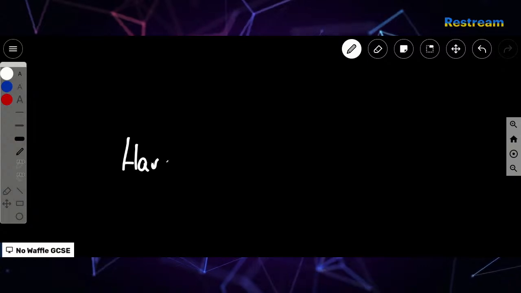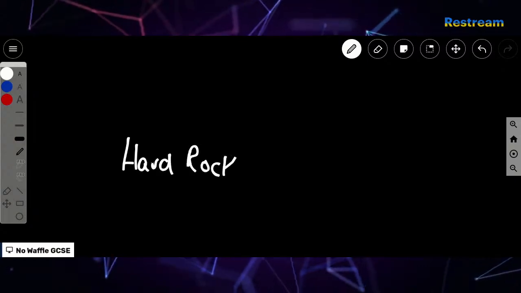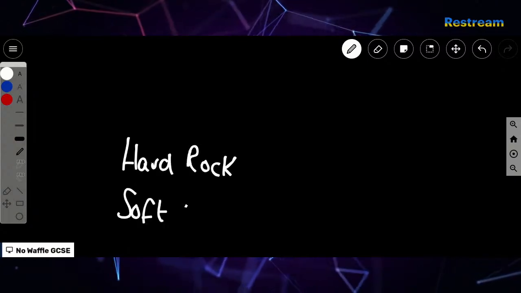Okay. So rock type and geological structure heavily influence the erosional landforms that develop on the coastline. There are two different types of rock that you need to know of. There's hard rock, and then there's soft rock.